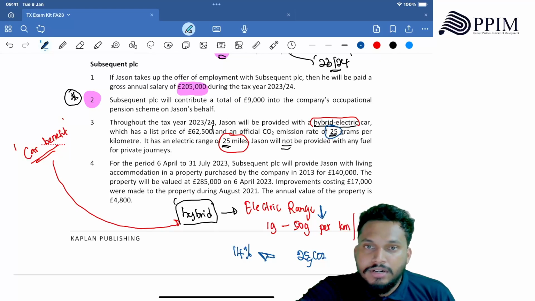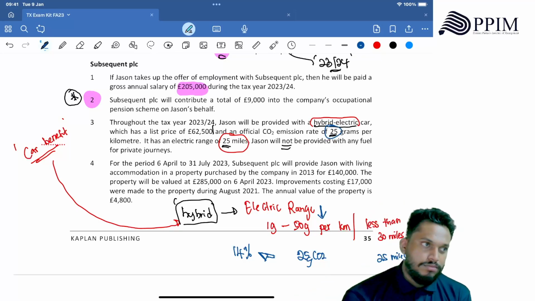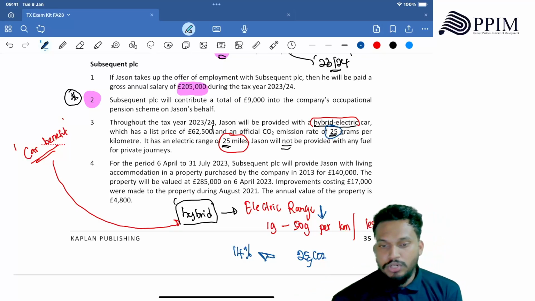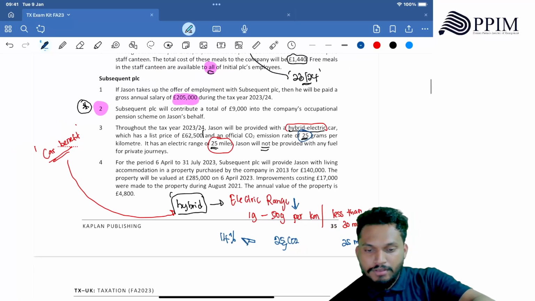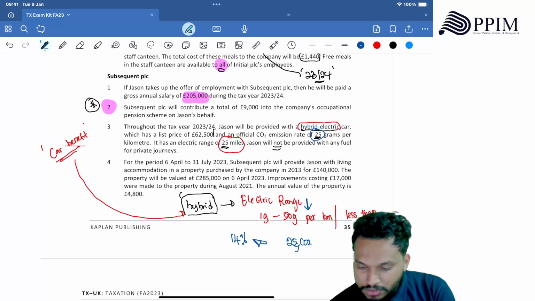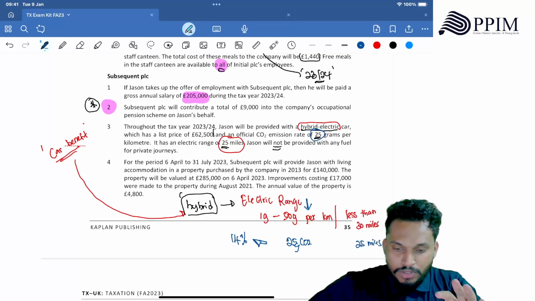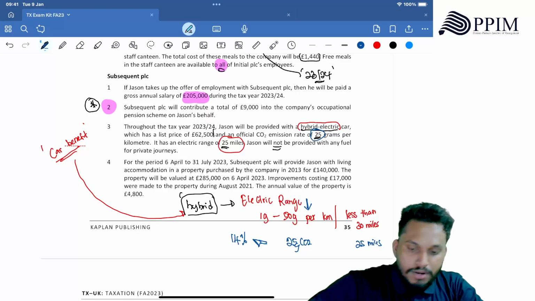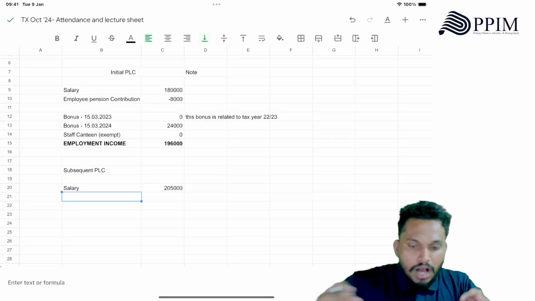You can't go by the electric range for the percentage; you need to go by the carbon range, but they will give both, so no worries. Fine, it's a 50. The car benefit is 850. Let's calculate. First you need to understand this part: this employee is receiving a car benefit.